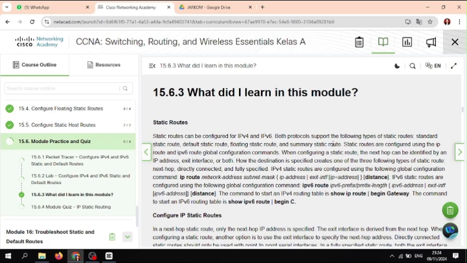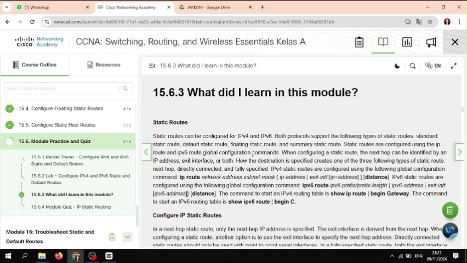Static routes ini dikonfigurasikan menggunakan command ip route dan ipv6 route pada global configuration. Saat mengonfigurasi static route, hop berikutnya dapat diidentifikasi berdasarkan alamat IP, interface output, atau keduanya.